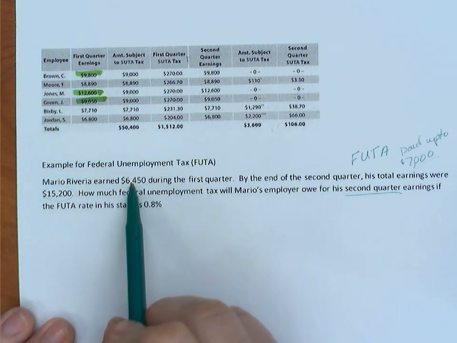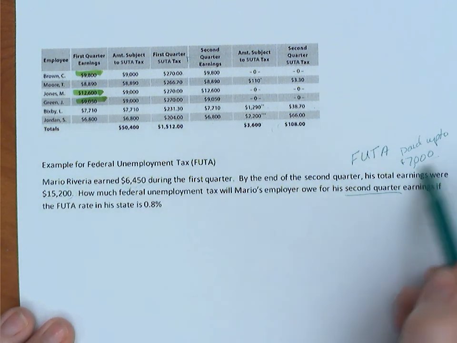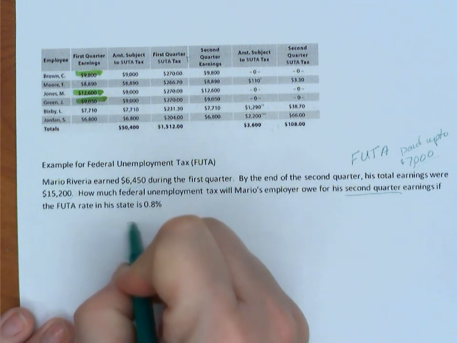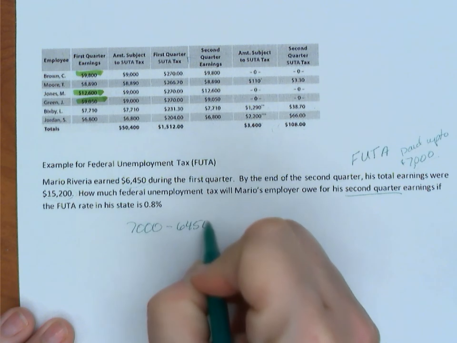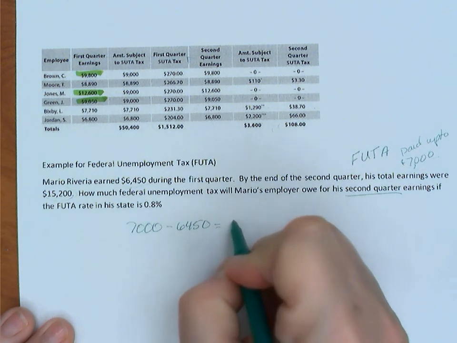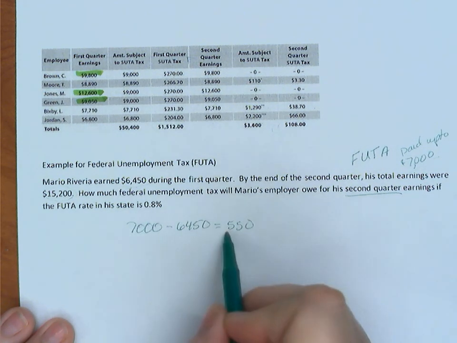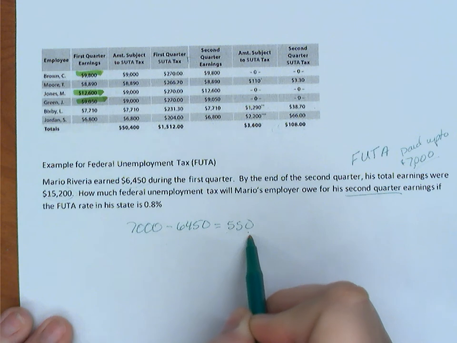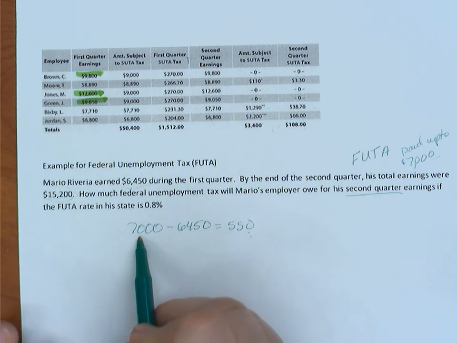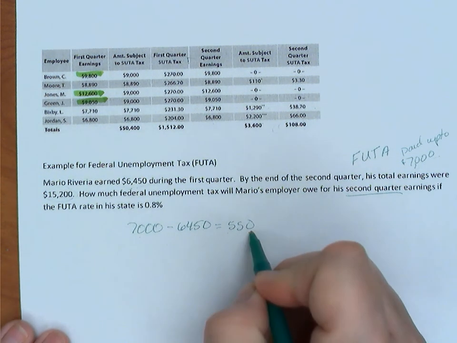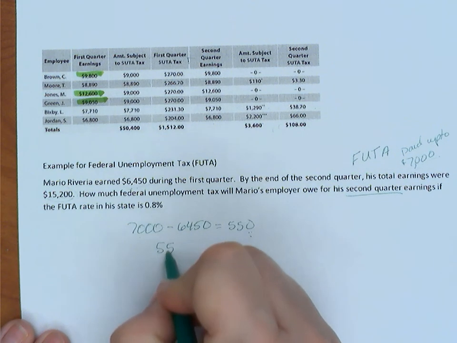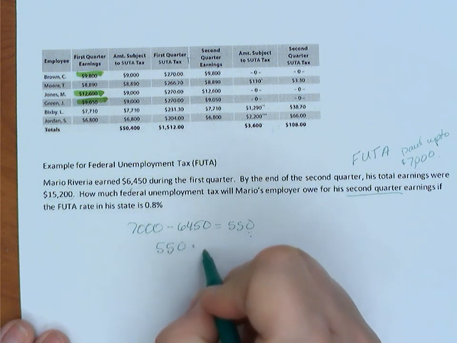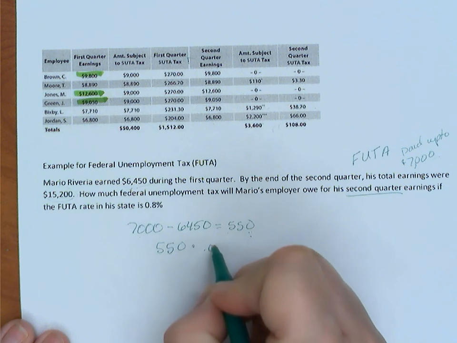In the second quarter, he only has to pay what's left of the $7,000. So to find that, I take the $7,000 and I subtract the $6,450, which is going to give me $550. That's how much money he needed to earn in the second quarter to pay taxes and reach the $7,000. So now at $550, we're going to multiply that by the tax rate, which is 0.8%.